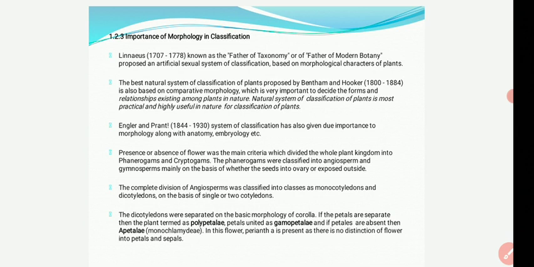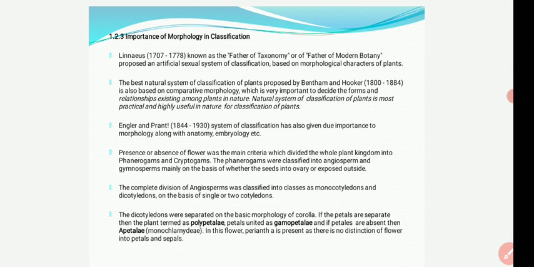Presence or absence of flower was the main criterion which divided the whole plant kingdom into phanerogams and cryptogams. The phanerogams were classified into angiosperm and gymnosperm mainly on the basis of whether the seeds are enclosed in the ovary or exposed outside. We found that angiospermic seeds are always enclosed in the ovary while gymnospermic seeds are always exposed outside.